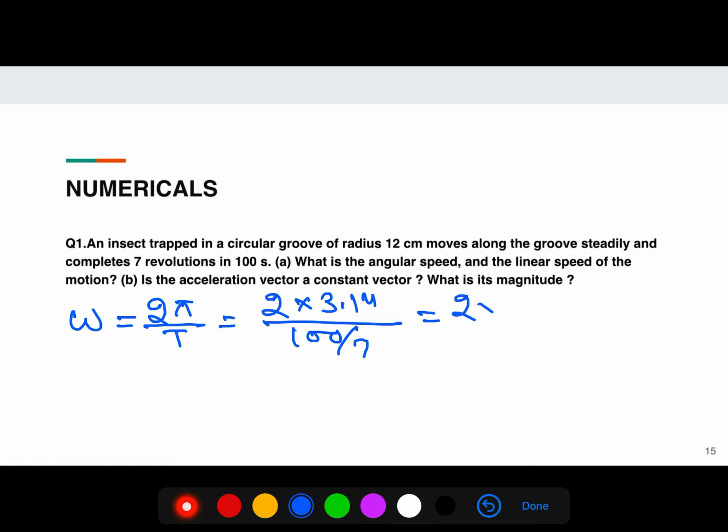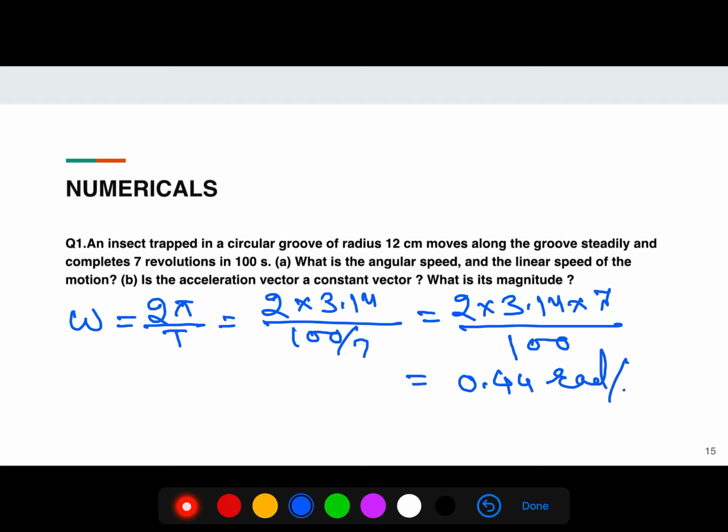So you will get 2 into 3.14 into 7 upon 100. It will be 0.44 radian per second.